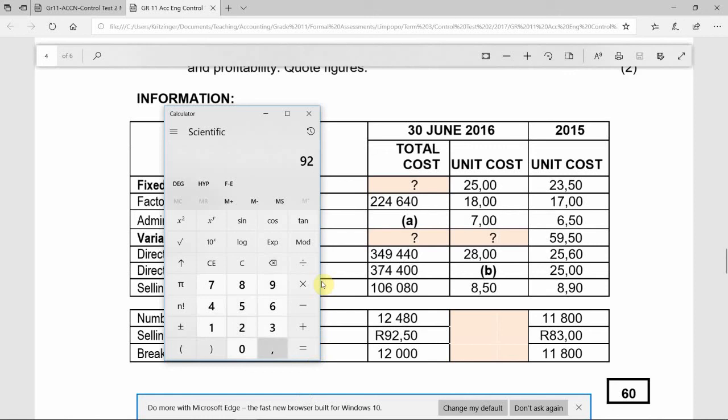So the difference between 92.50 and 83 is R9.50. Let's divide that by the original price of 83 and multiply by 100. Yes, so it's an 11.4% increase in price.